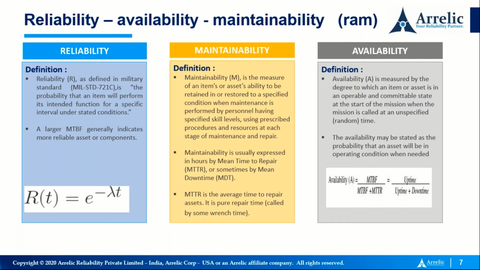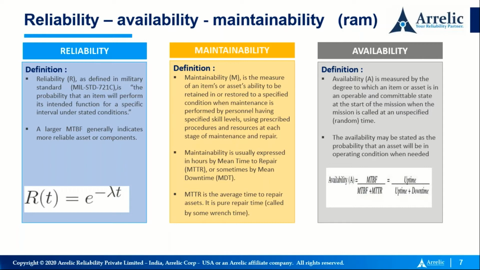Reliability is calculated by the formula R(t) equals e, the constant e, to the power of minus lambda multiplied by t. Lambda here, ladies and gentlemen, is the failure rate, which is the inverse of the mean time between failure.